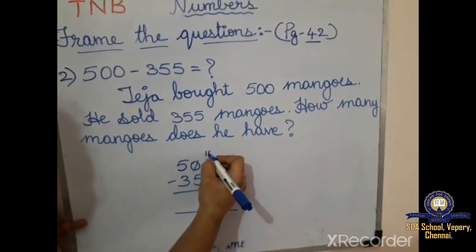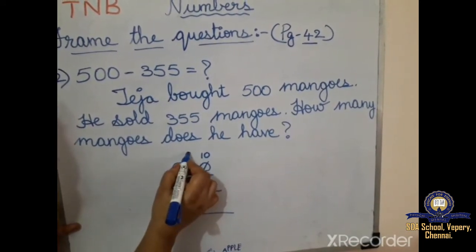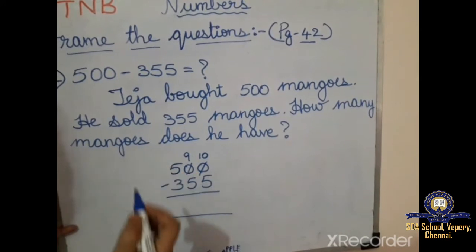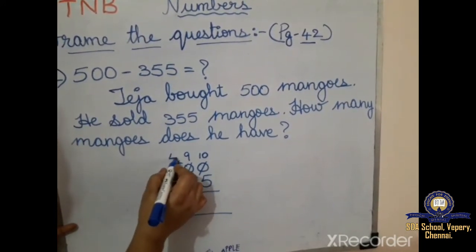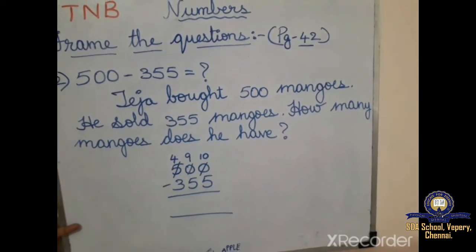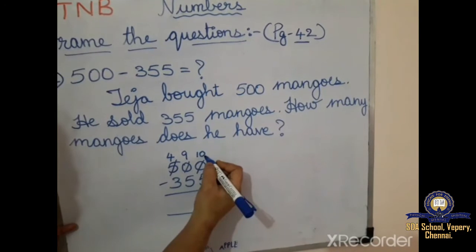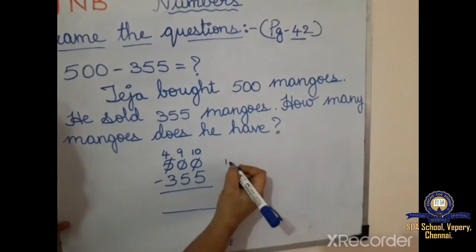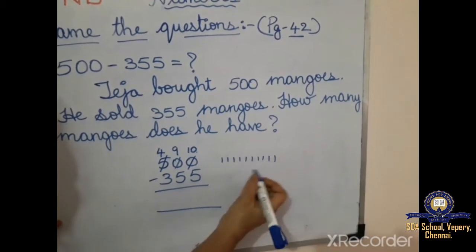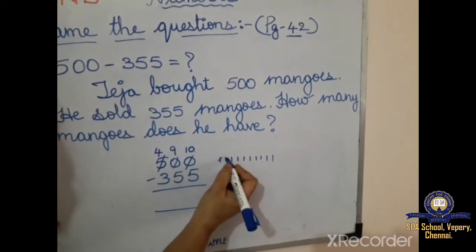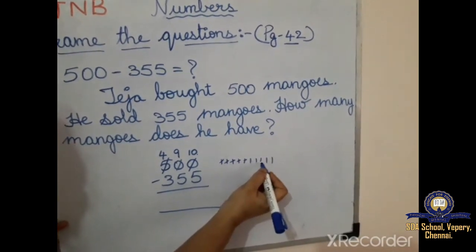Here it becomes 10. What will it become here? 9. So 10 minus 5, the answer is 5.